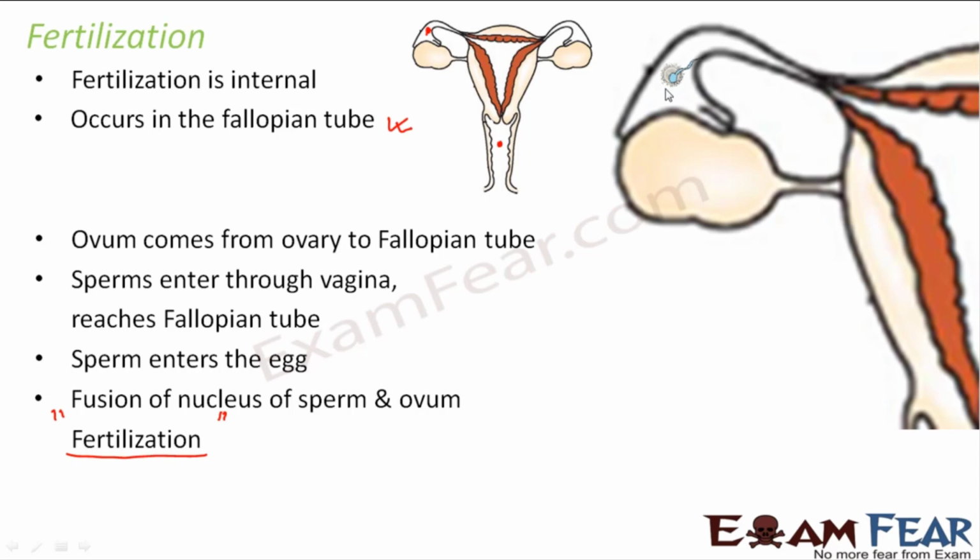Right? So it is a matter of chance whether the ovum will meet the sperm in those 24 hours or not. So if it meets, the sperm will enter inside the ovum and the nucleus of the sperm will fuse with the nucleus of the ovum, and we say that fertilization has taken place. So this is how fertilization happens.